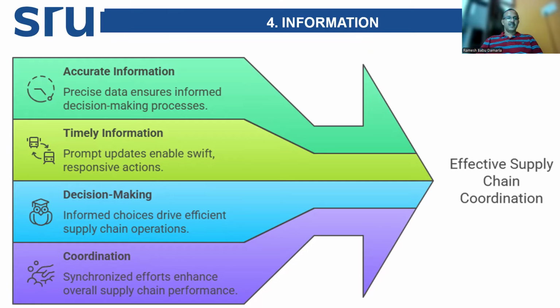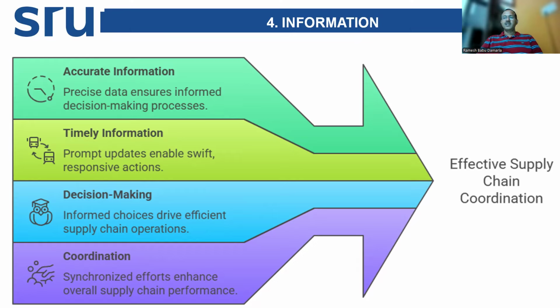The second one is timely information. Prompt updates enable swift and responsive actions. Decision making is definitely a great advantage of this information. Informed choices drive efficient supply chain operations. And coordination: synchronized efforts enhance overall supply chain performance. Dealers and different warehouses can all be connected. Everybody will get information, take better decisions, reduce their wastage, and utilize resources better.